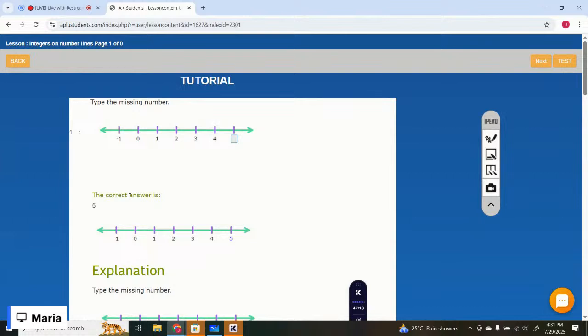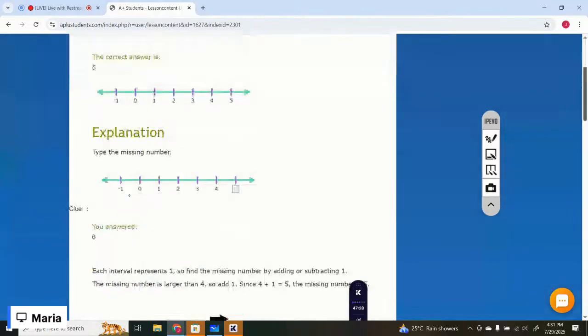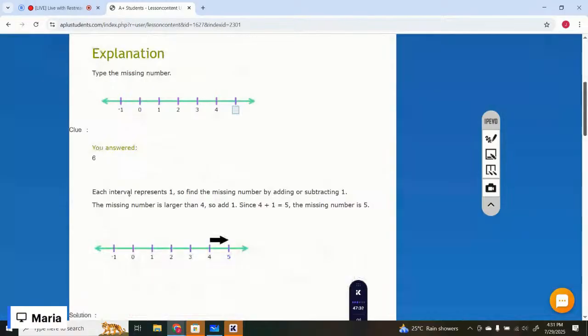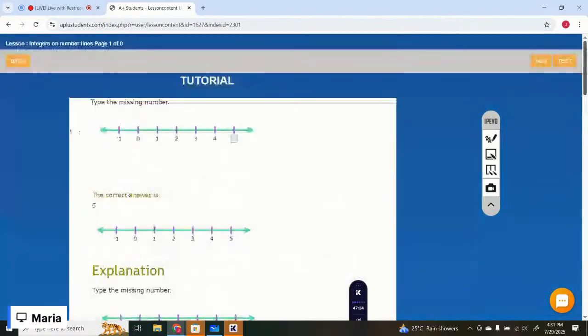Type the missing number. So the number is missing on the right side. So the missing number is 5. That would be on the positive side of 0, so that would be 5. Let's start with the test questions.